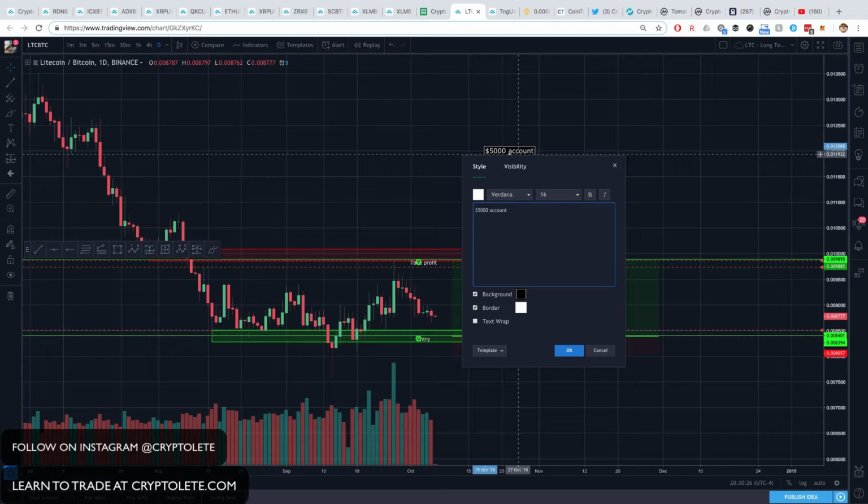So let's just say that the maximum you want to risk per trade is 2% of your entire account balance. So what does that mean?